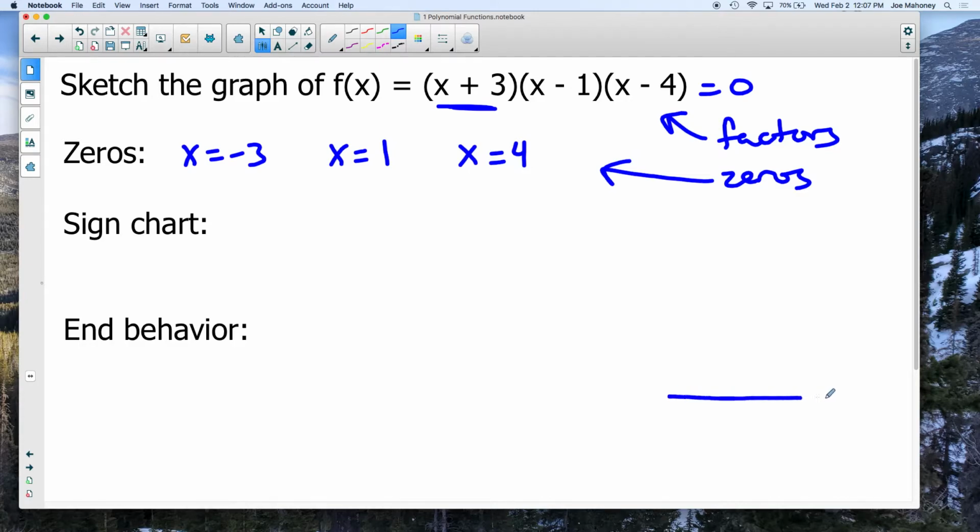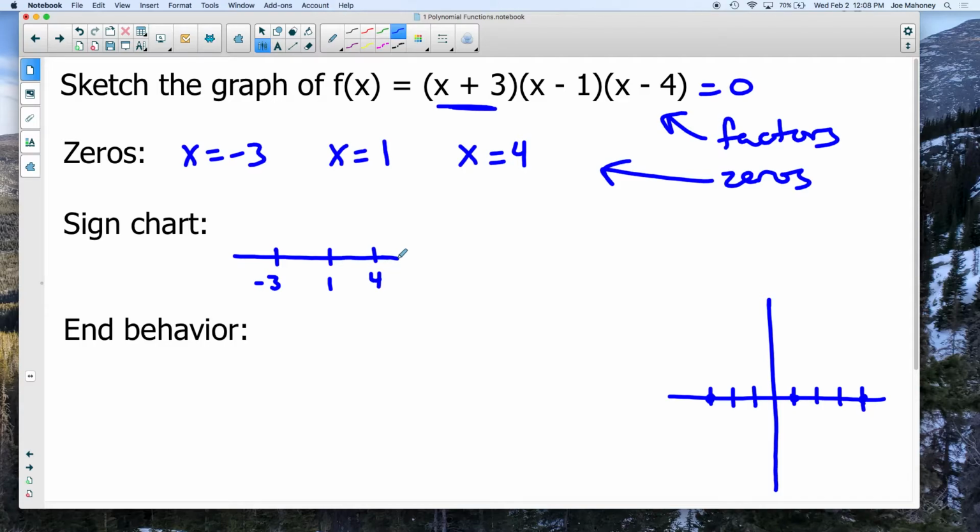So if I start building my graph over here, I know it's going to cross at negative 3, positive 1, and positive 4. But I don't know much more that's going on with it. So I'm going to do what I call a sign chart, taking some of my values like negative 3, 1, and 4.